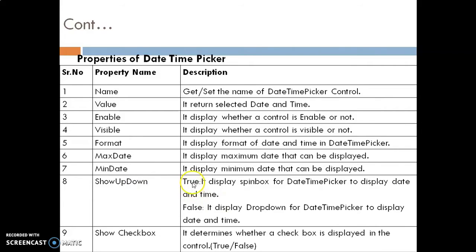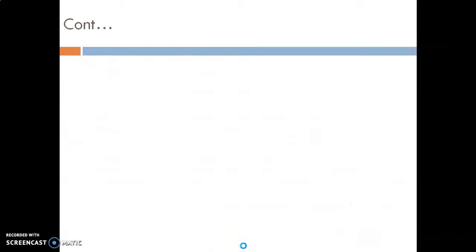Whenever its value is set to true, then it display datetime picker in spin box to display date and time. And whenever show up down is false, that means drop down box is used for datetime picker to display date and time. And last property is show checkbox, means it determines whether a checkbox is displayed in the control or not. Means it has two values, true and false.